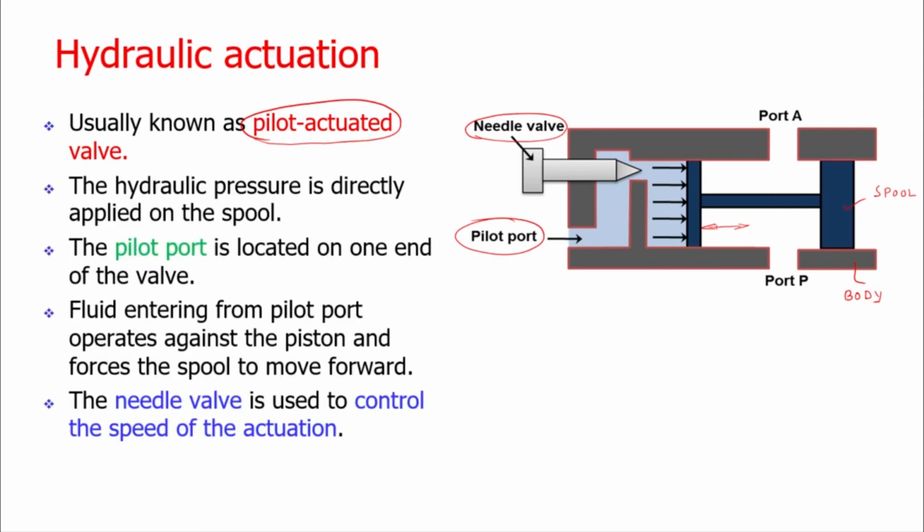The hydraulic pressure is directly applied on the spool, and the pilot port is located on one side of the valve. So the fluid enters from the pilot port and operates against the piston, forcing the spool to move in the forward direction. As I mentioned, the needle valve is used to control the speed of the actuation.